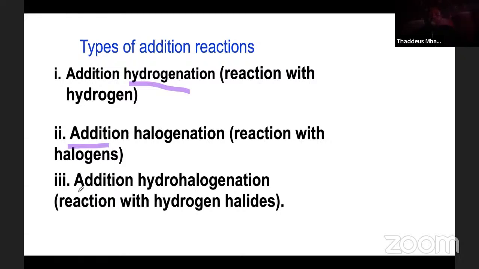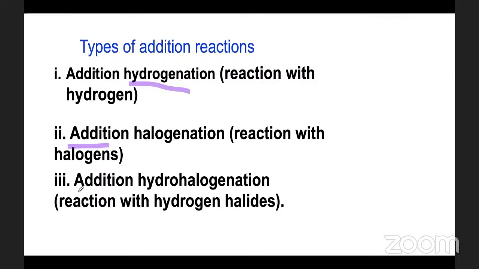Usiaisema kitu inaitangwa halogenation ama hydrohalogenation. If you are taught the type of reaction, it is only with hydrogen that you're going to call hydrogenation. For the other two, reaction with halogens, a reaction with hydrogen halide like hydrogen chloride and hydrogen bromide will simply be called addition. Tunaelewana, students? Yes.